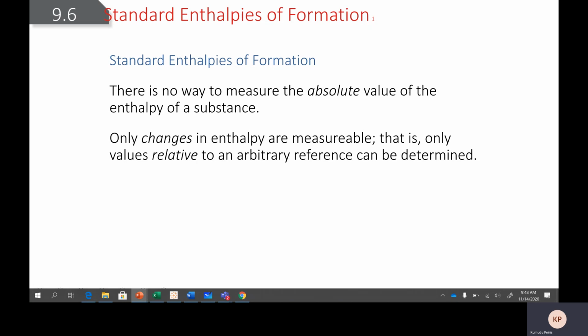But we will arrange some other reactions, and we'll get the desired equation for the standard enthalpy of formation for a particular compound, so that the value depends on the other reference values.